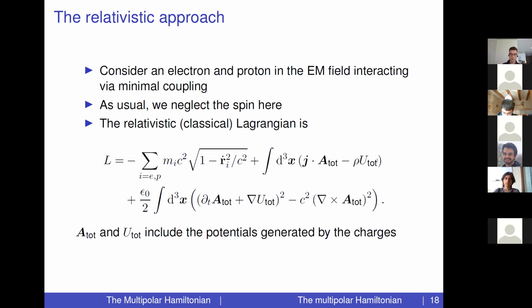Now, A tot and U tot means that we are considering here explicitly that the fields are generated by the charges as well. In particular, this will also be important to sub-relativistic correction order.